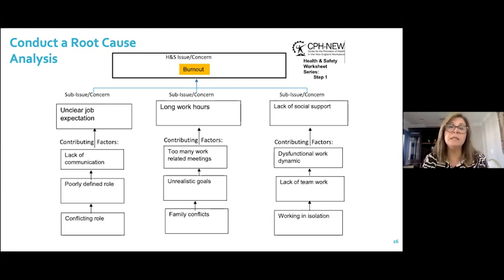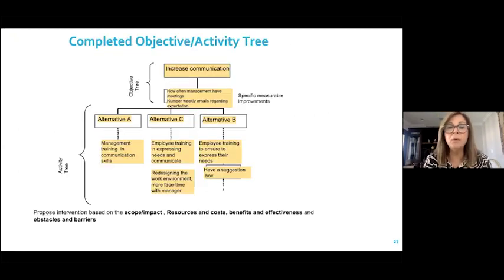As you can see here, the design team went about and provided 4 or 5 interventions. But based on the scope, impact, and resources, they said, okay, let's start by increasing communication in our organization as a first point. As a specific objective, we want to see how often management meets with the employees and the number of emails or notes that management sends about their expectations to each employee.